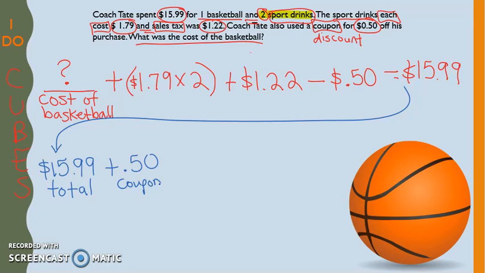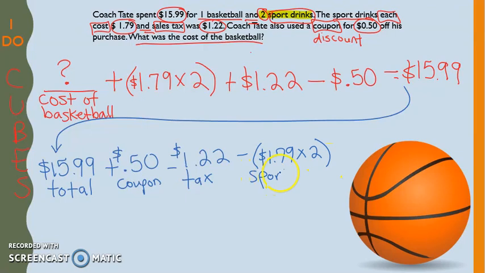So we need to add in the 50 cents that he would have paid. Then we're going to subtract the $1.22 for the tax. And we're also going to subtract the $1.79 times 2 for the sports drinks.